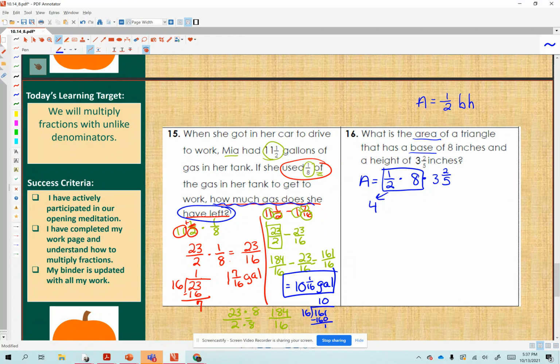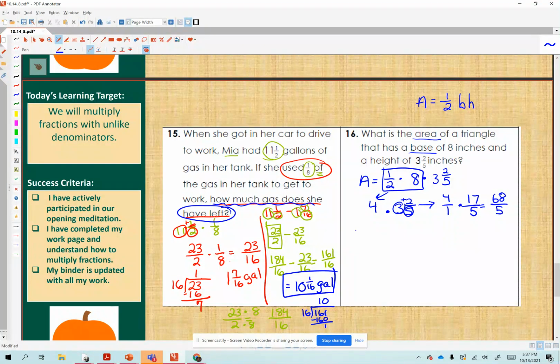So partially done. Now we're going to do 4 times 3 2/5. We're going to represent 4 as 4 over 1, and we're going to make 3 2/5 an improper fraction. 5 times 3 is 15, plus 2 more is 17/5. And we cannot simplify that at all. So 4 times 17 is 68, and 5 times 1 is 5.